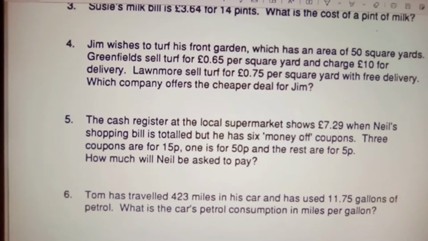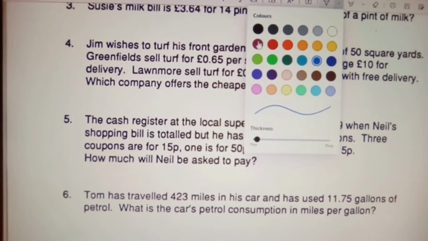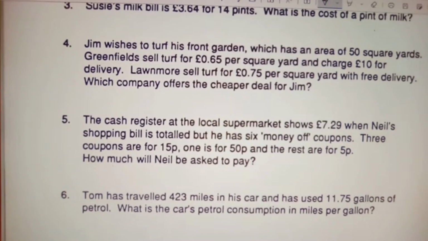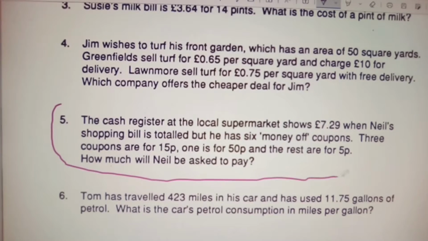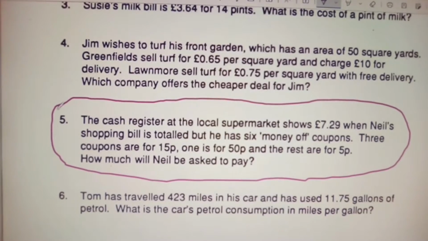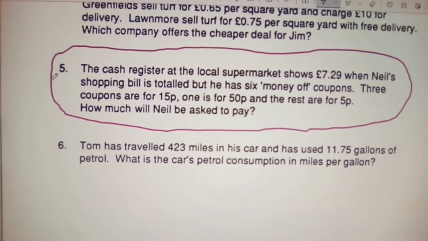So let's begin to get our pens in place and let's begin to look at extracting the information. Okay, so this is the one we're dealing with, okay? This is where I'm going to be doing my working out and so forth, down here, okay?